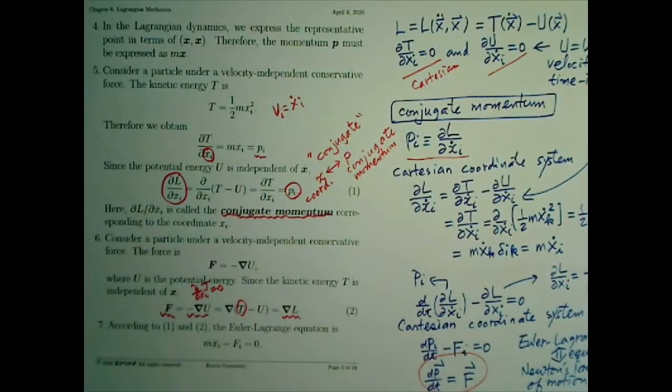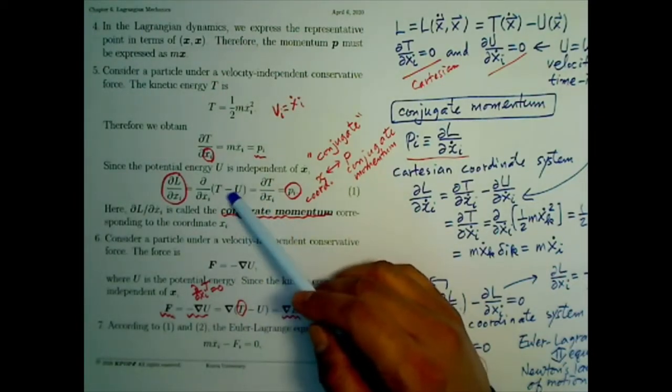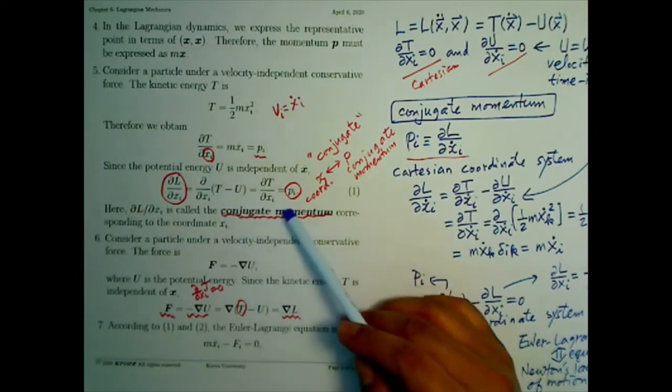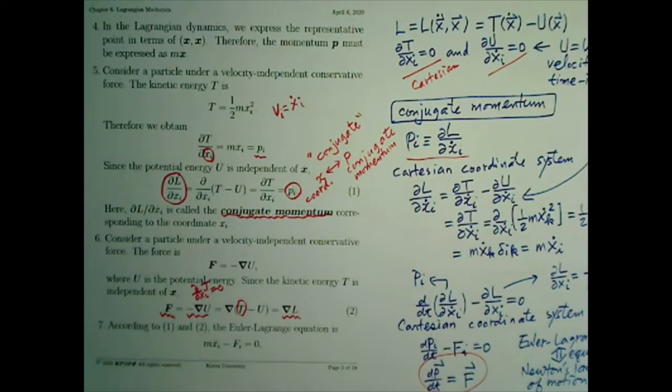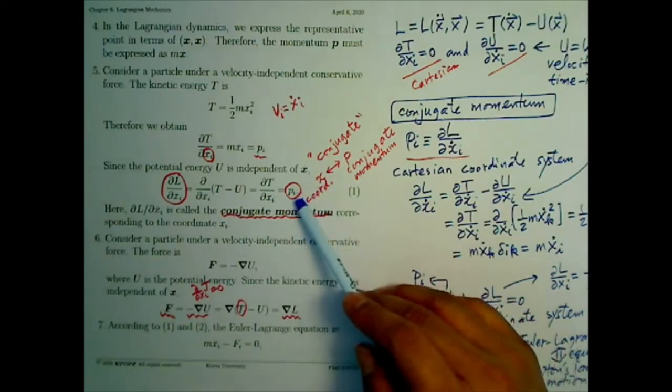And if I do the same job for the Lagrangian, because we are considering a time-independent potential energy, it does not depend on x dot explicitly. So this contribution vanishes, and only the kinetic energy term contributes, and that is the linear momentum.